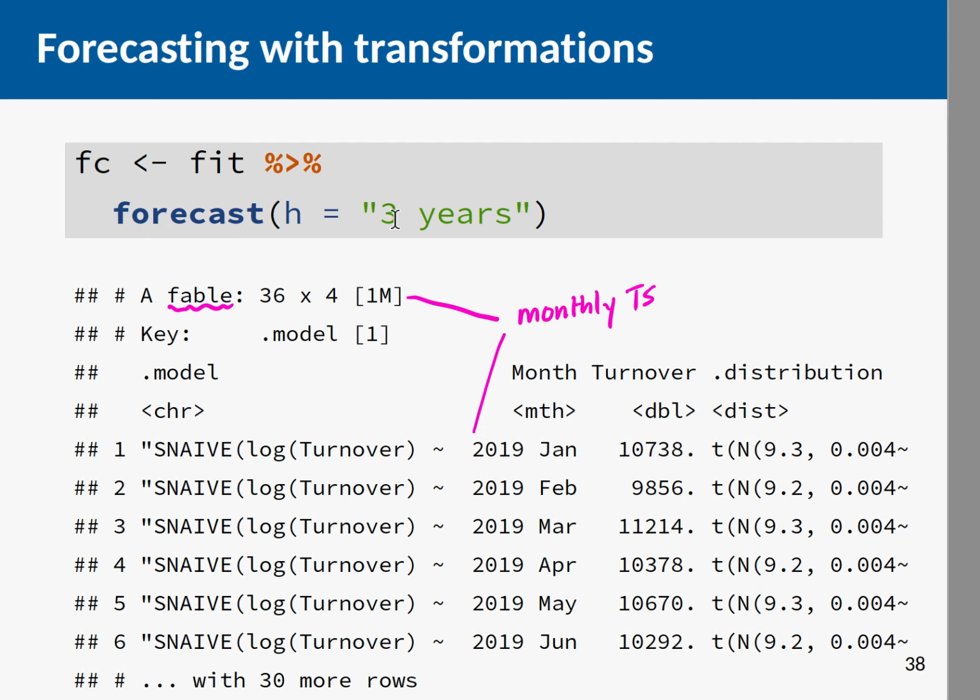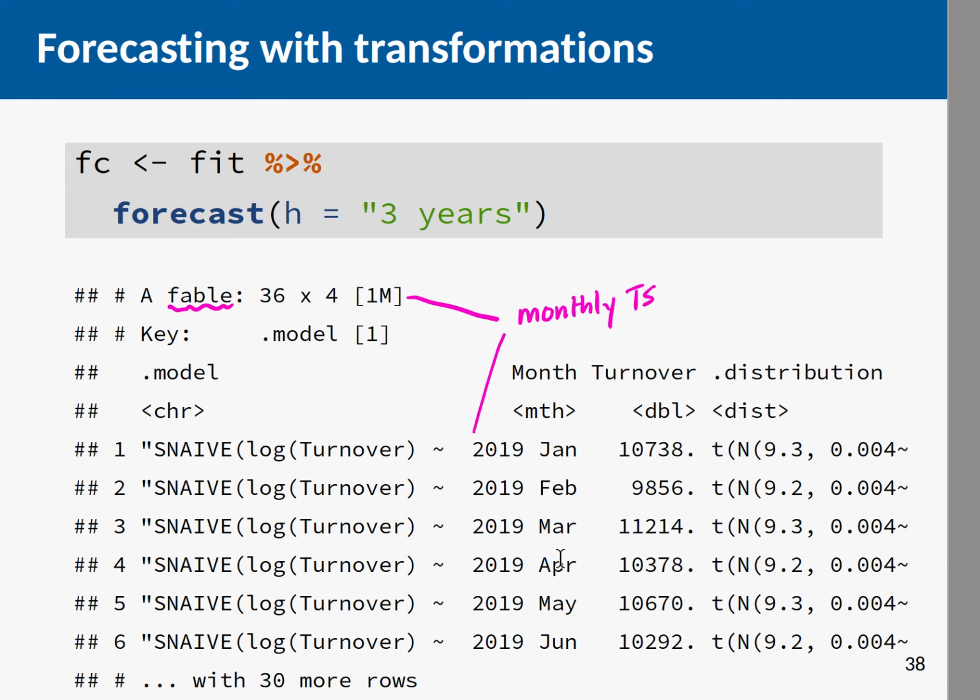Okay, so H equals 36 or 3 years would give you the same thing. You will end up with a fable, which is a forecast table with 36 values of the turnover data. Here you have 36 values because that's 3 times 12, because this is monthly data, right?